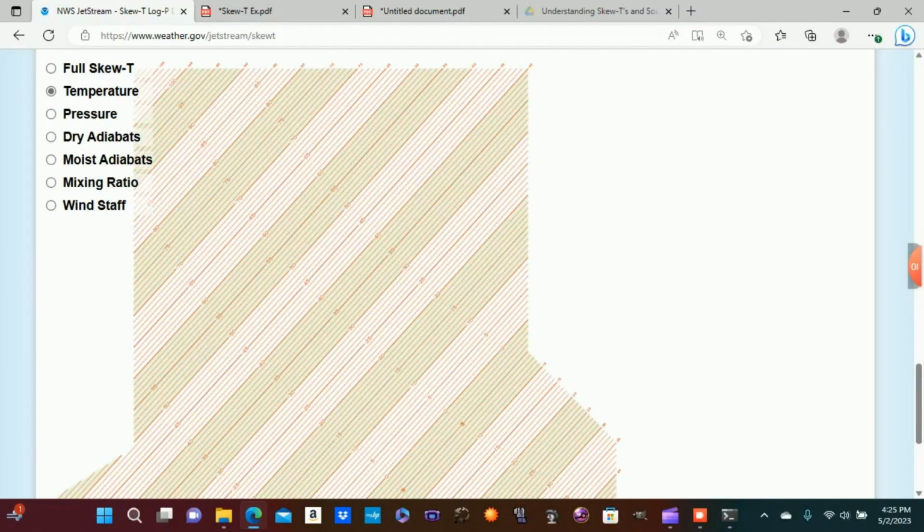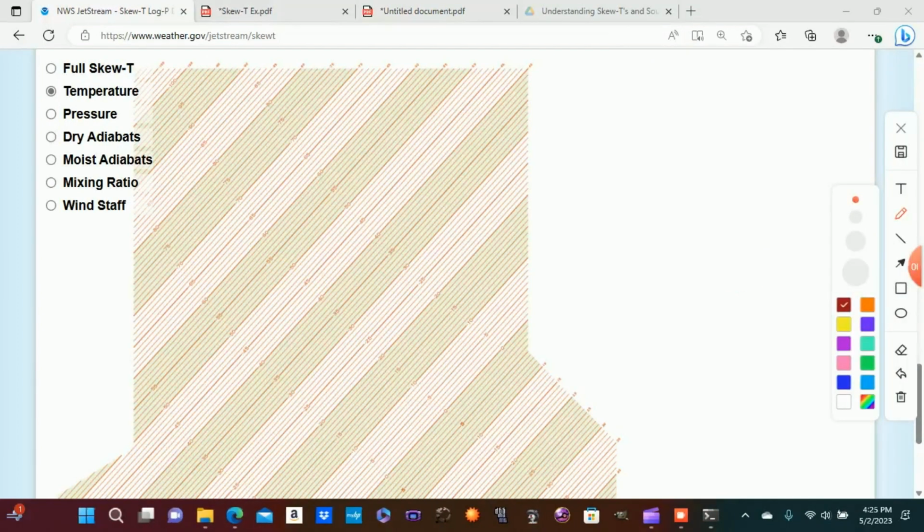So first, let's look at temperature. These temperature lines here are called isotherms. I'll write that down for you here. That is defined as lines of constant temperature.